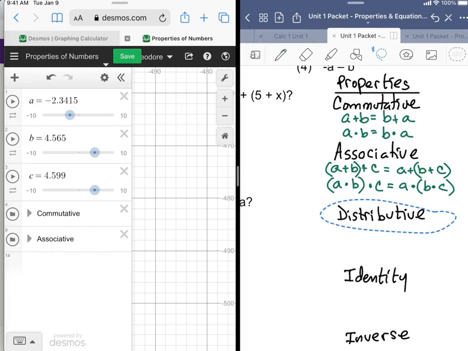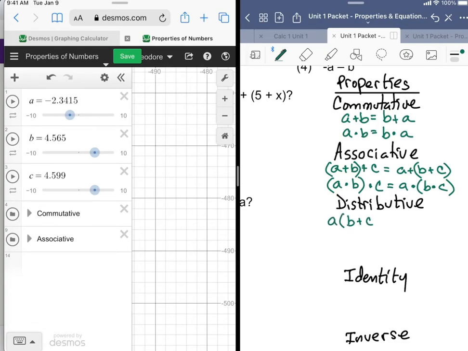Then we have distributive. Distributive property of multiplication over addition. All right, so that would be A times (B plus C) is equal to A times B plus A times C. There's only one variation of that, at least as far as we're going to go in this part of the course.